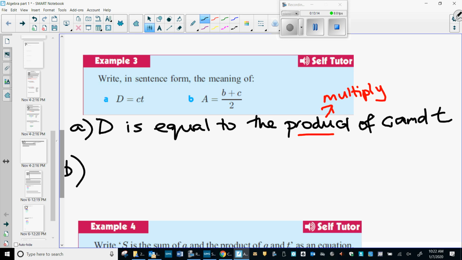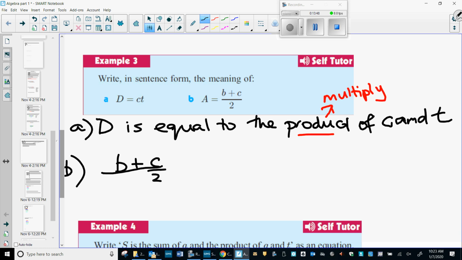divided by 2. So here we've got to make sure that, you know when you play games and you're trying to get people to draw pictures, you have to make sure that you phrase it in a way that they do the correct thing first. So if we say the sum of B and C divided by 2, we could say B, and C divided by 2. So we need to make sure that we have the division under the whole thing.